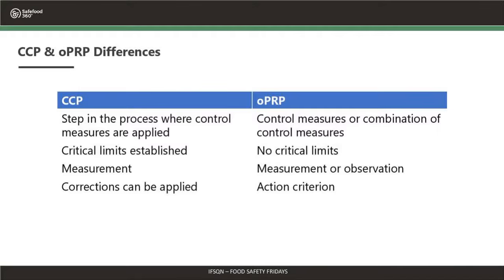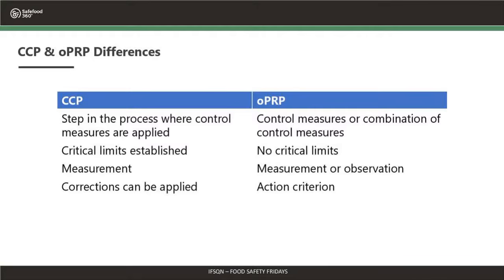With a CCP, we have to establish critical limits. With an OPRP, it's not required. We need to be able to measure CCPs. For OPRPs, we can measure as well, or we can use observation. And with a CCP, we need to be able to apply corrections. And that's why we have critical limits.